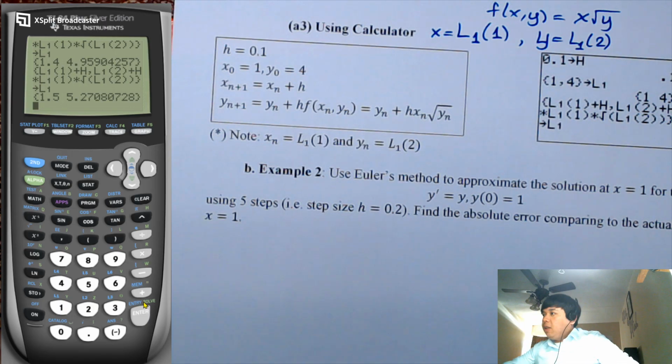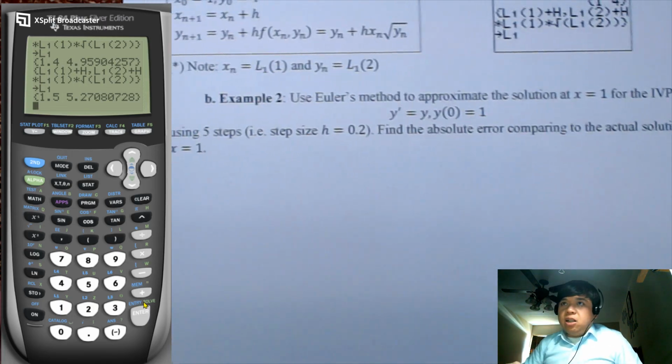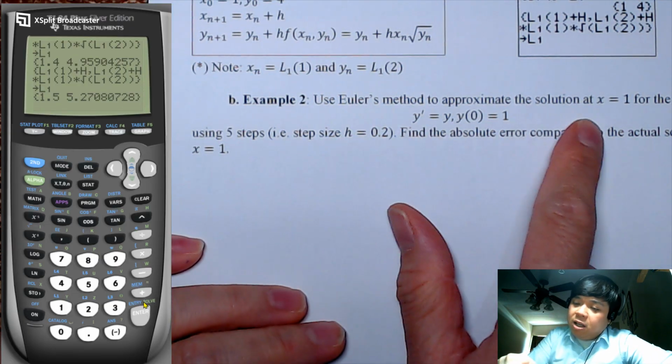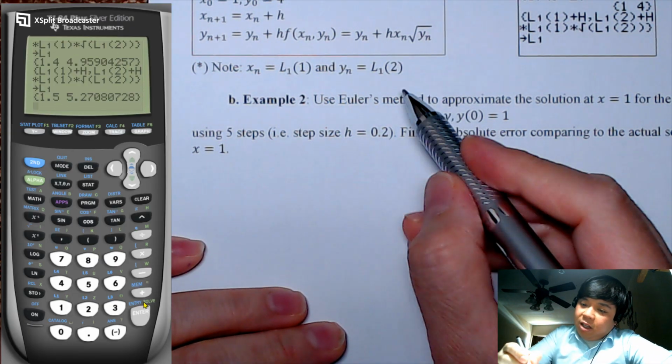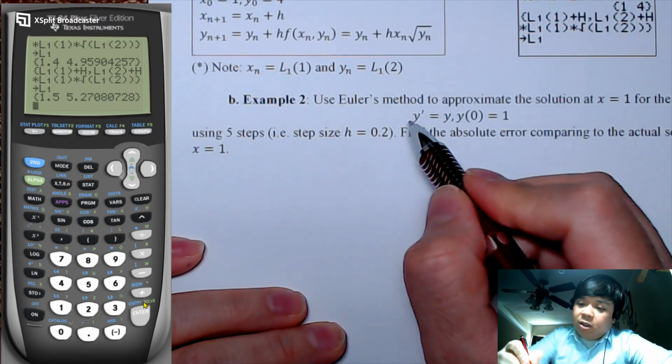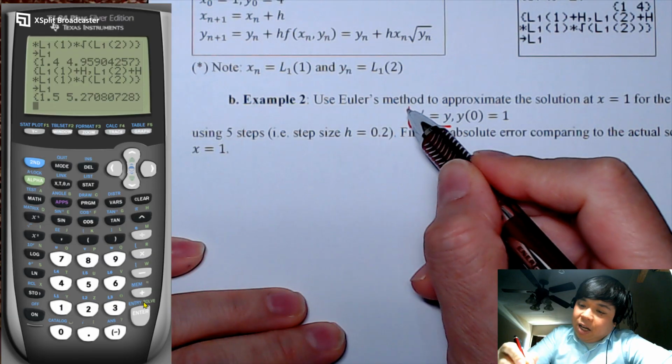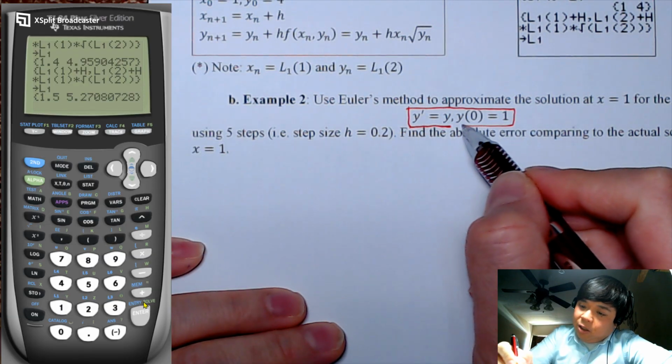Okay, now with that, let's practice on this one. Use Euler's method to approximate this. This is the function, and this is the initial condition.